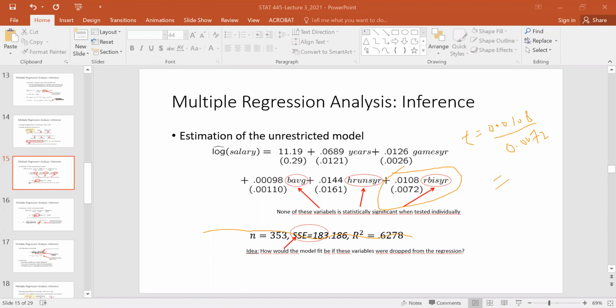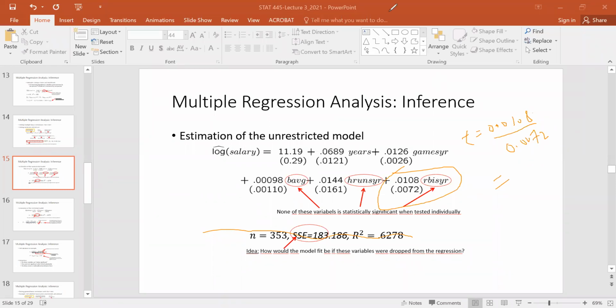What is it? Take your calculator. I'm looking for my calculator right now. I don't know if you can see, but I'm punching it in here. You should also punch. I have 0.0108 divided by 0.0072, which is equal to, I got 1.5. You can also confirm.